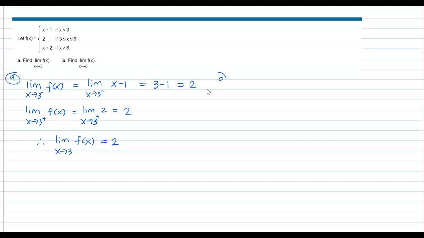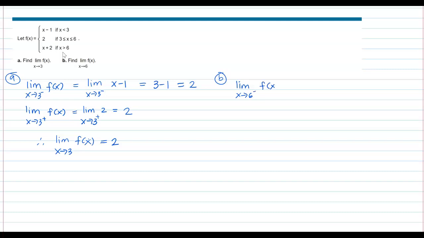Now for letter B, we want to evaluate the limit of the function as x approaches 6. And again, 6 is an endpoint of that interval. So therefore, we have to look at the left-hand limit and the right-hand limit of the function as x approaches 6.